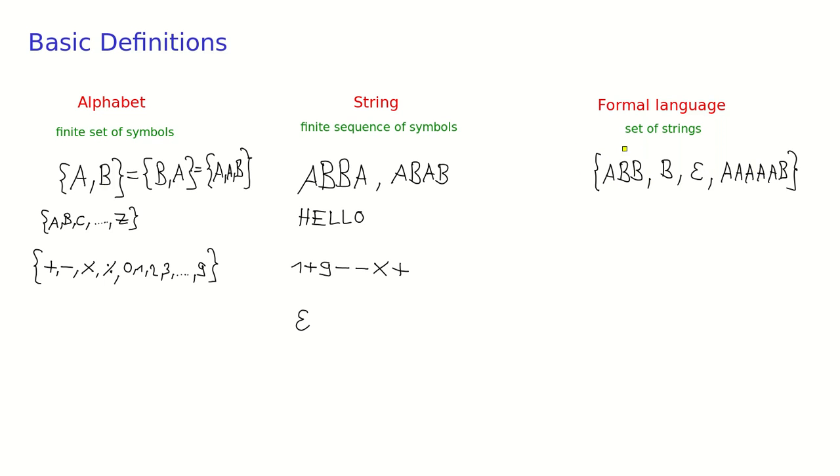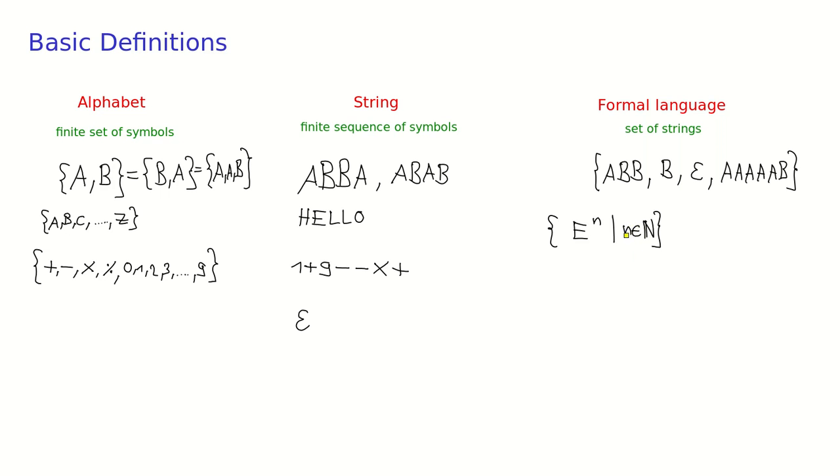But formal languages don't have to be finite. There can be infinite sets of strings. Let's make an example, maybe with this alphabet. You could write something like this: e^n with n from the positive integers. If you're not familiar with this notation, this means the words have this form, and then there's this line, and after it there's a condition.